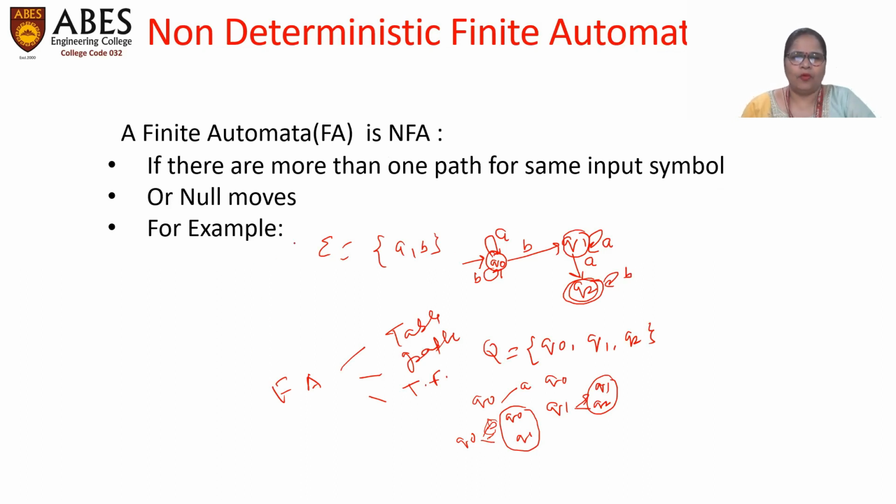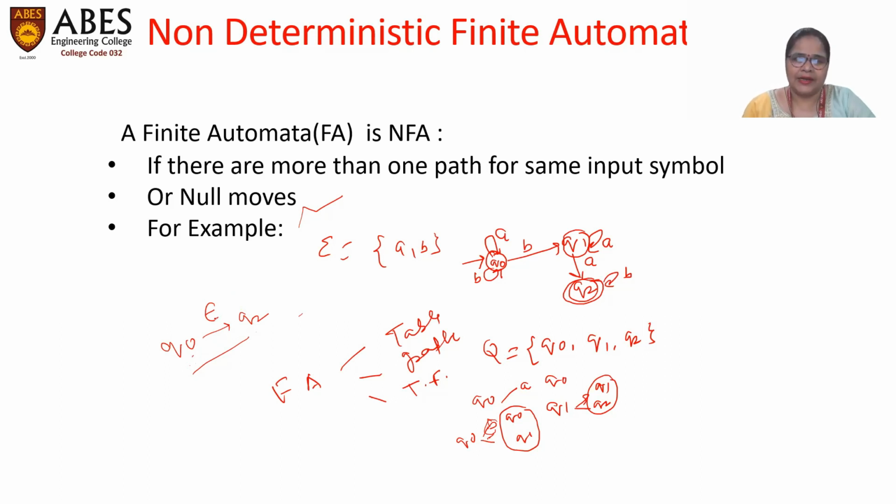Okay. So in the second point, we have discussed null moves. Null moves means you are reaching from one state to another state without reading any input symbol. This is the symbol of a null move. It means you are not reading any symbol from this state to that state. This is also called non-determinism.